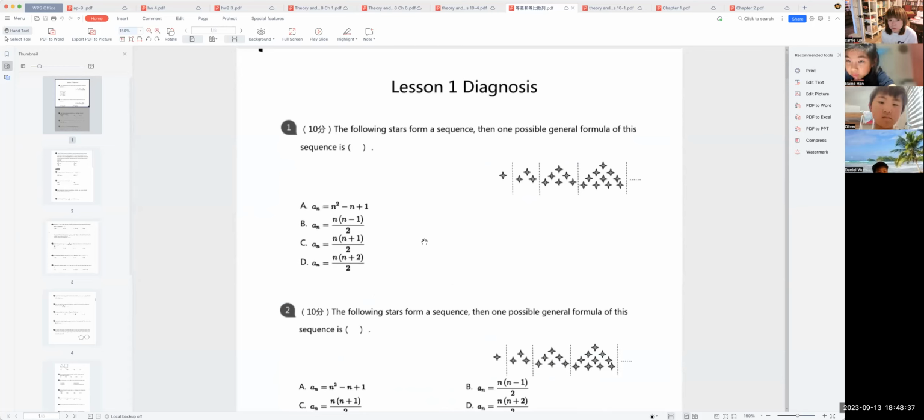Then one possible general formula of the sequence is... Usually when we do this, it's a sequence for finding the sum, but right now we're finding each number in the sequence. Everybody take a look at the first one and let me know. Send it to me when you're done. Oliver answered first this time, though we don't know if it's right.